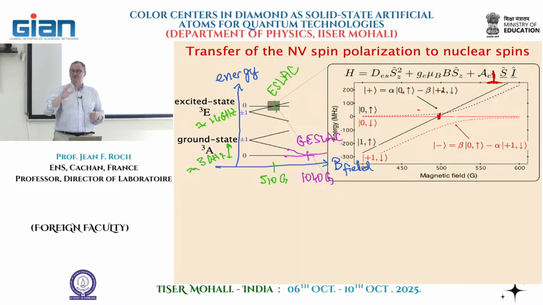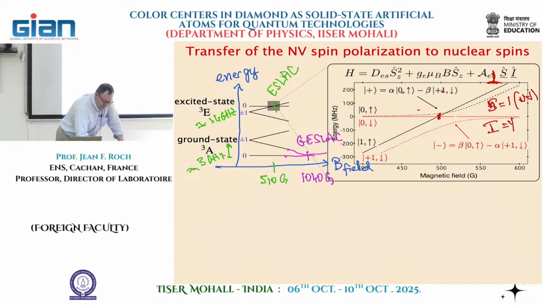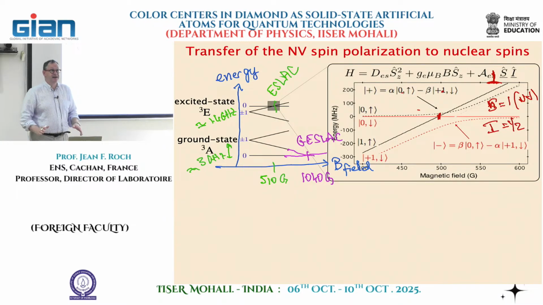This was written for S equal 1 for the NV and I equal 1/2 to simplify. Suppose it's nitrogen-15, for instance. It could be the same for nitrogen-14, and we'll see it, but we just have to write it down more carefully. So now I have this mixed state at this crossing.